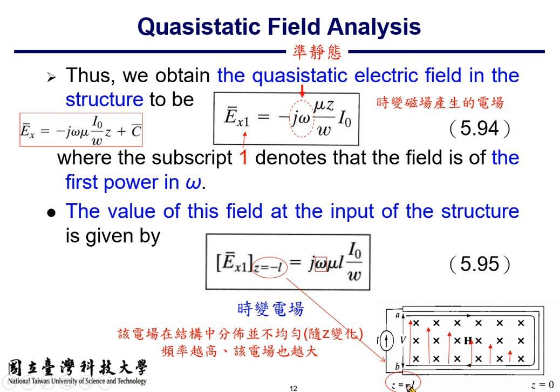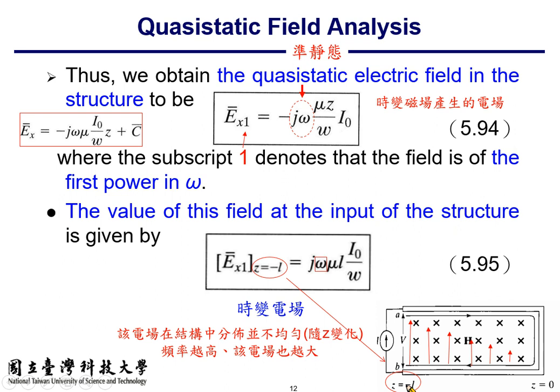On the other hand, the distribution of electrical field is not homogeneous across this structure. It becomes smaller and smaller as we move to the right. This is a linear variation, right? It's proportional to Z, okay?